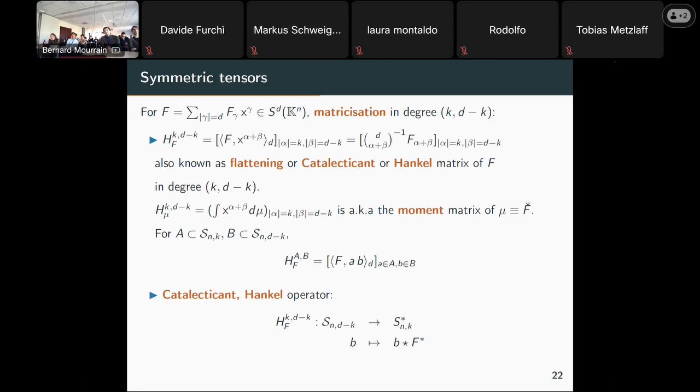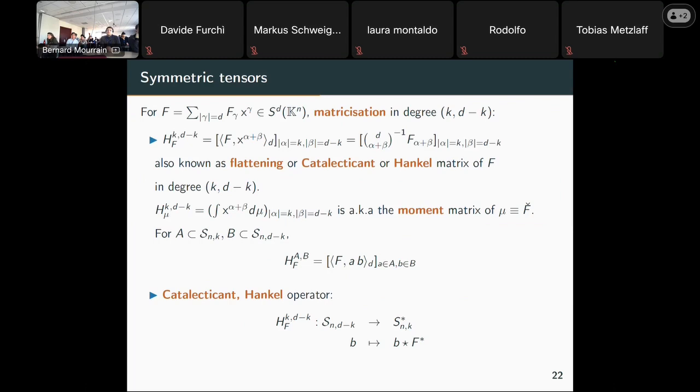For symmetric tensors, it's a bit different, but in fact, it's the same. But we use here the apolar product.